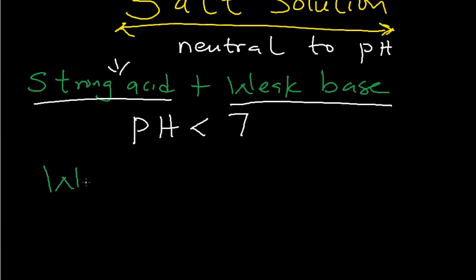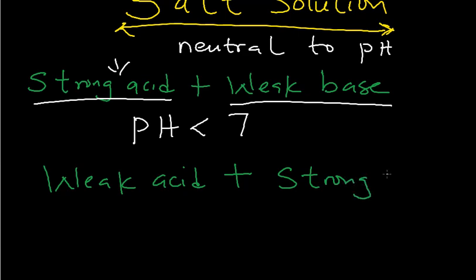But if what we have is a weak acid and the base is a strong base, then you know exactly what is going to happen. Such a solution will be alkaline, so definitely the pH will be greater than 7.